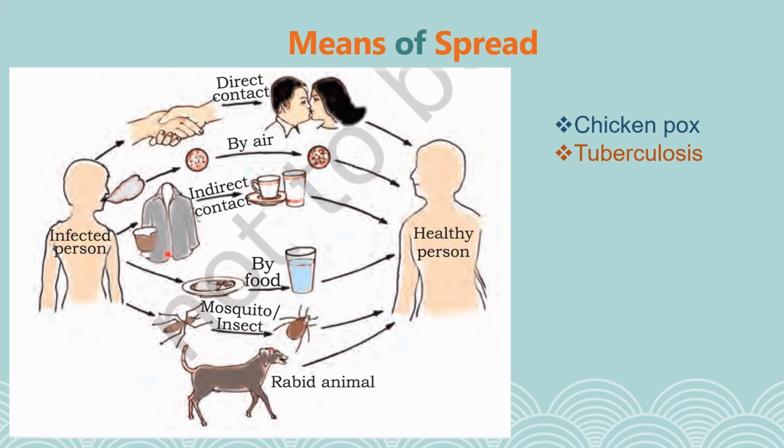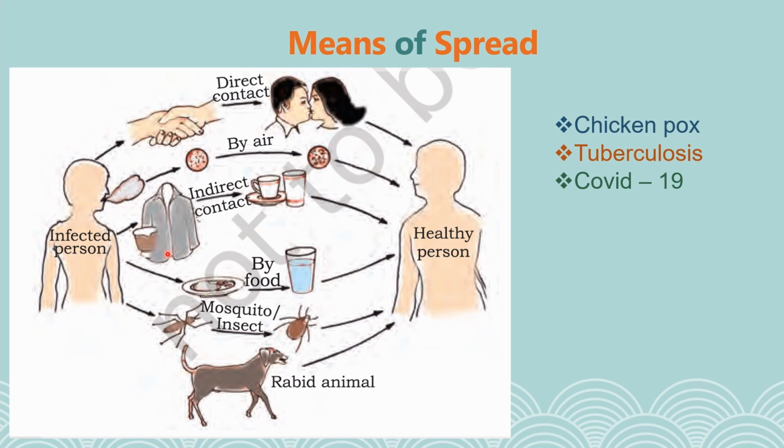So when we touch those articles, the microbes become attached to our body surface and may enter our body. An example of this is COVID-19. This is the reason why we are advised not to touch unknown places, especially where public gatherings are held.